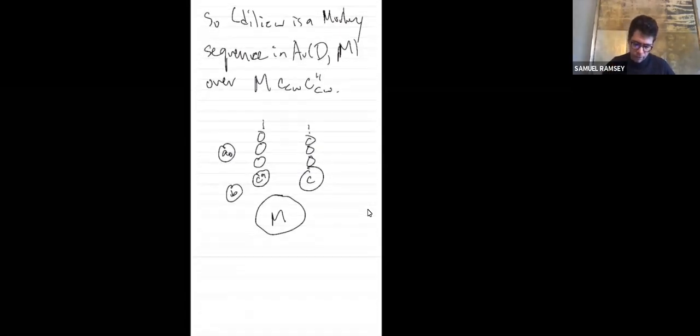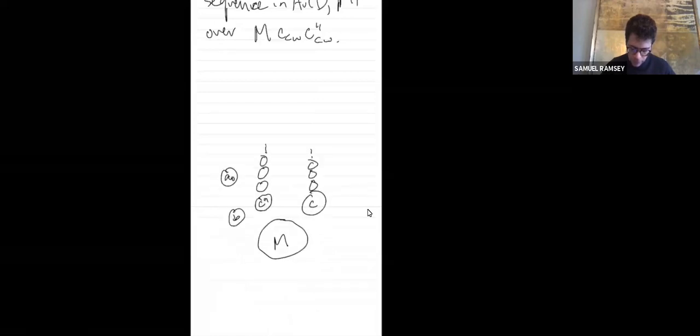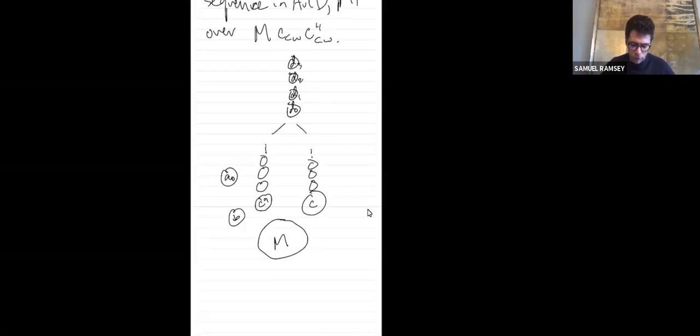But then what we did was, oh, whoops, that was farther down than I wanted to go. Then what we did was we sort of continued over both. So this is like D0, D1, D2, D3, and so on and so forth. So what's interesting is that both of these sequences are indiscernible.